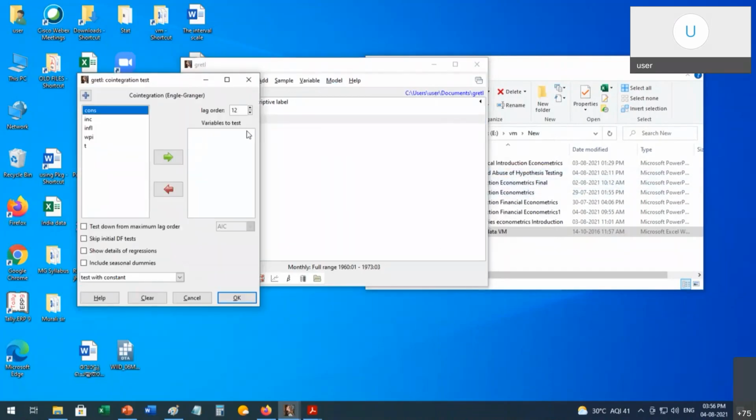Now we have to give a lag order for this estimation. In all the multivariate cases, we have to give a lag order. And remember, we will be doing the JJ test in the context of a VAR model, that is vector autoregression.